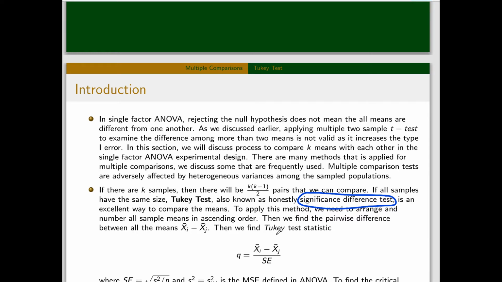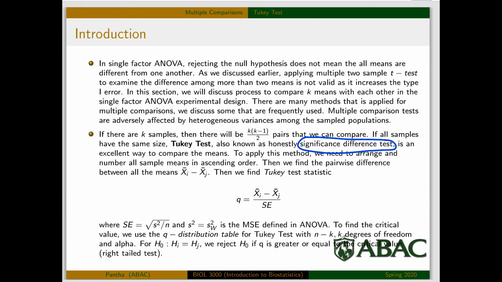Then we find the pairwise difference between all the means, x_i bar minus x_j bar. Then we find the Tukey test statistic given by q equals x_i bar minus x_j bar over the standard error, where the standard error is the square root of s squared over n, and s squared equals s squared w, the mean square error defined in ANOVA.